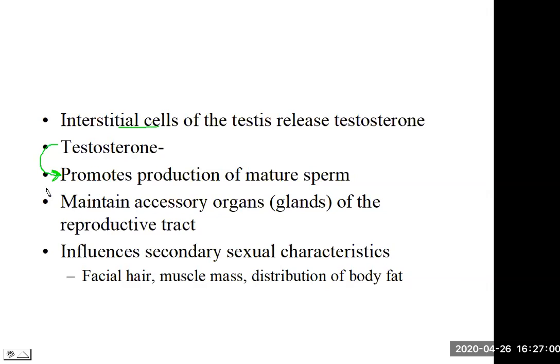But also, it stimulates multiple structures and organs all around the body. So in particular with the reproductive system, it'll stimulate a number of the accessory glands of the male reproductive system, such as the prostate, for example.